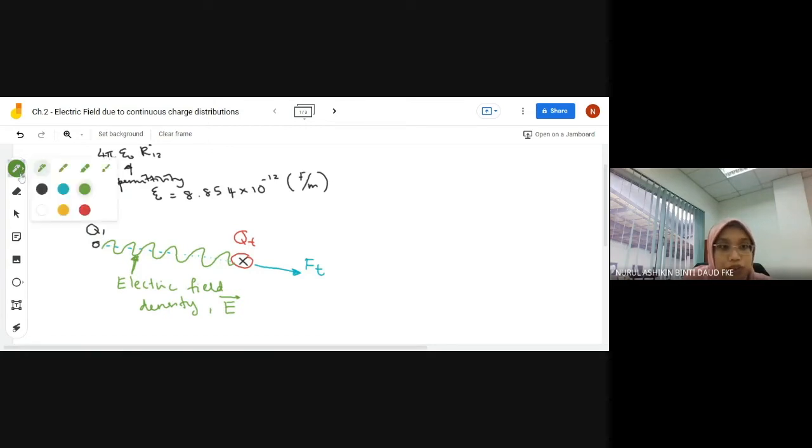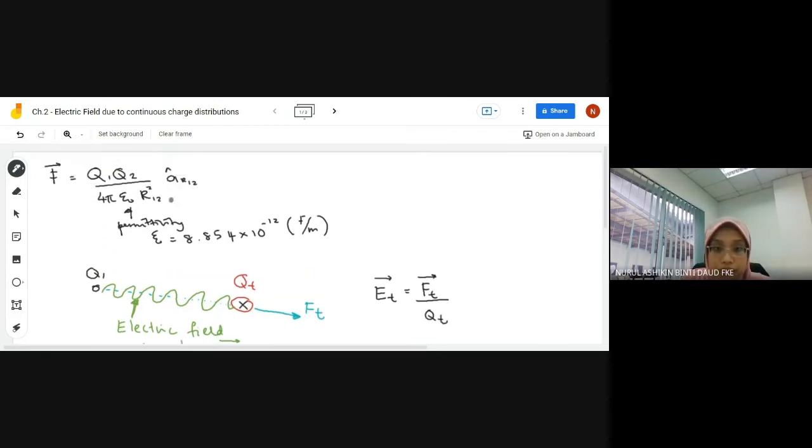Et, which is a vector, can be defined by the force on Qt over the magnitude of Qt.